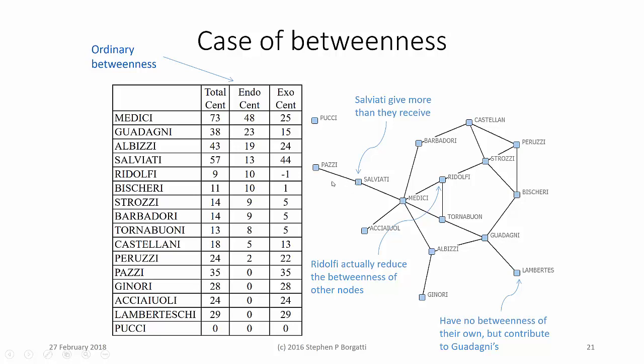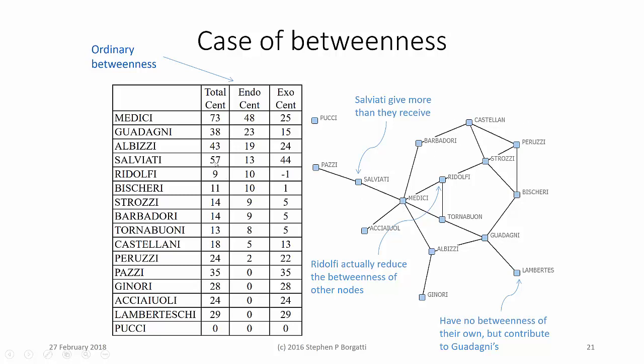And Salviati themselves is really interesting, because they give more than they receive. You see, they are the only conduit from Pazzi to everybody else in the network. So they get points for reaching the Medici, they get points for going to Barbadori, they get points to Castellani, they get points for everything.